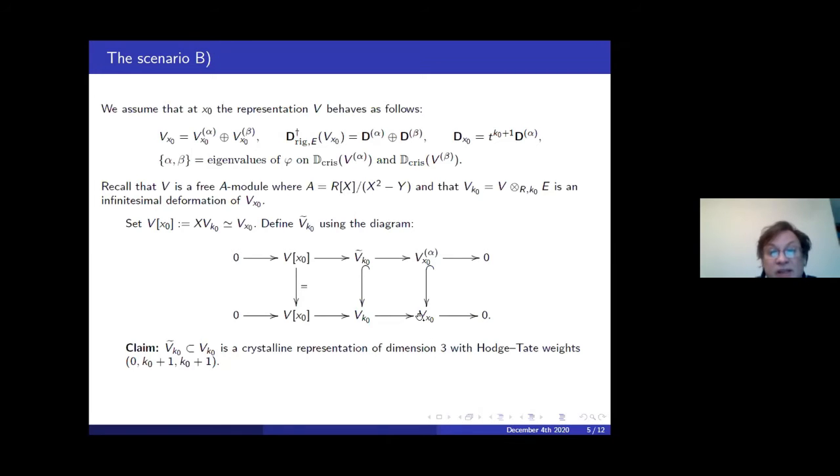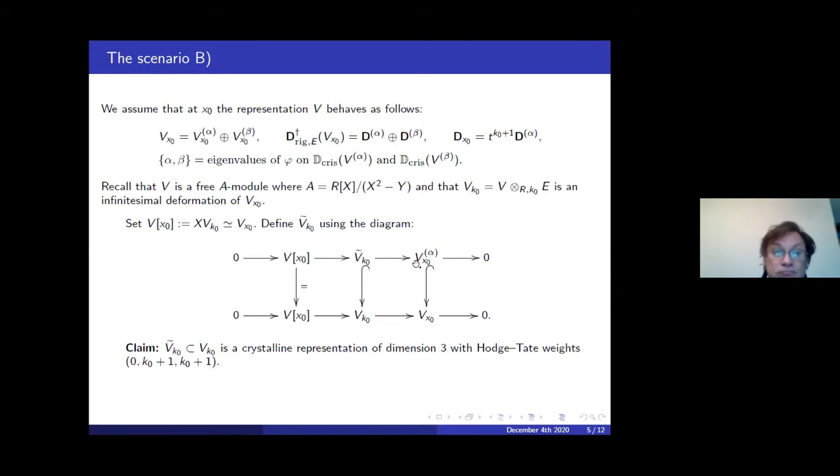Next, inside of Vx0, we pick the direct summand, which corresponds to the eigenvalue alpha. And we take its inverse image in Vk0, which we denote by V tilde K0.